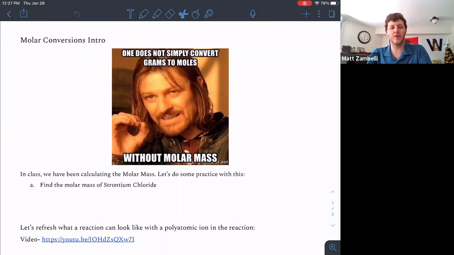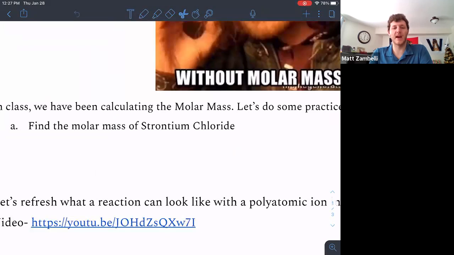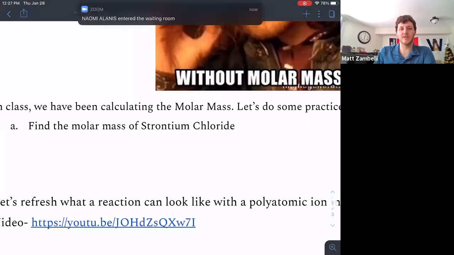So I want you to find the molar mass of strontium chloride. The first thing, what do we have to do before we can find the molar mass of this compound?